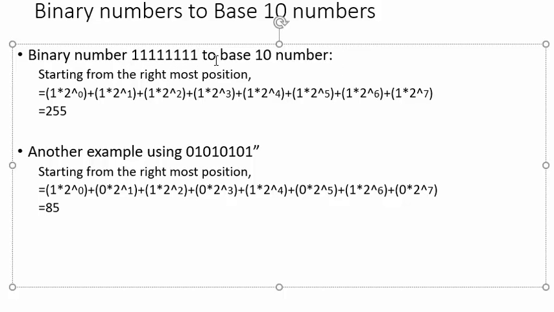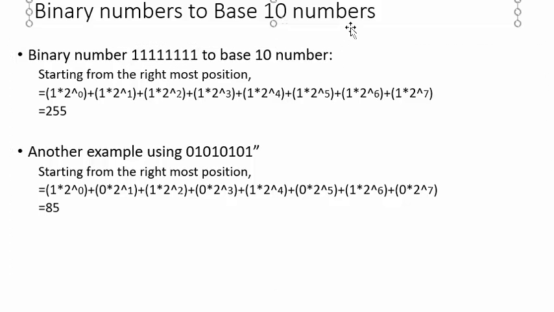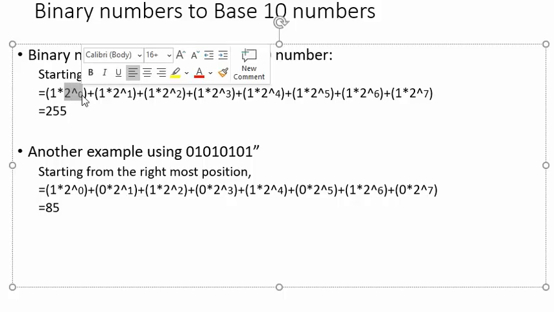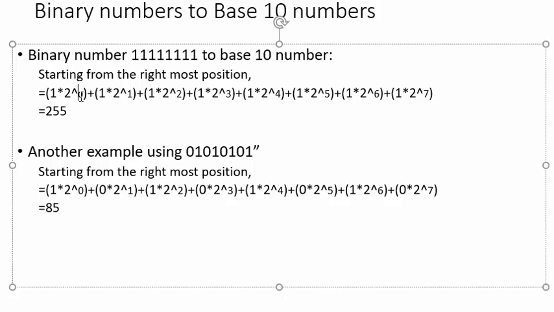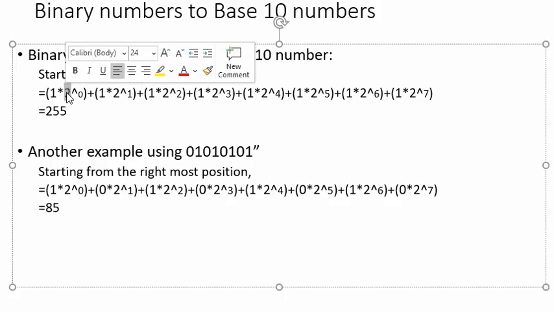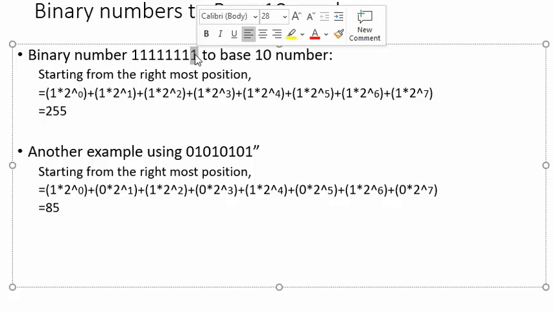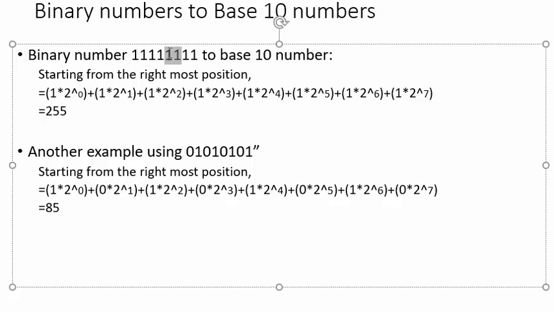And when you convert to the base 10 number, all you have to do is take 1 and multiply by 2 to the 0. The exponent is 0 and the base is 2. Why? Because every digit goes up by 2. So from the rightmost position, take the value and multiply by 2 to the 0.